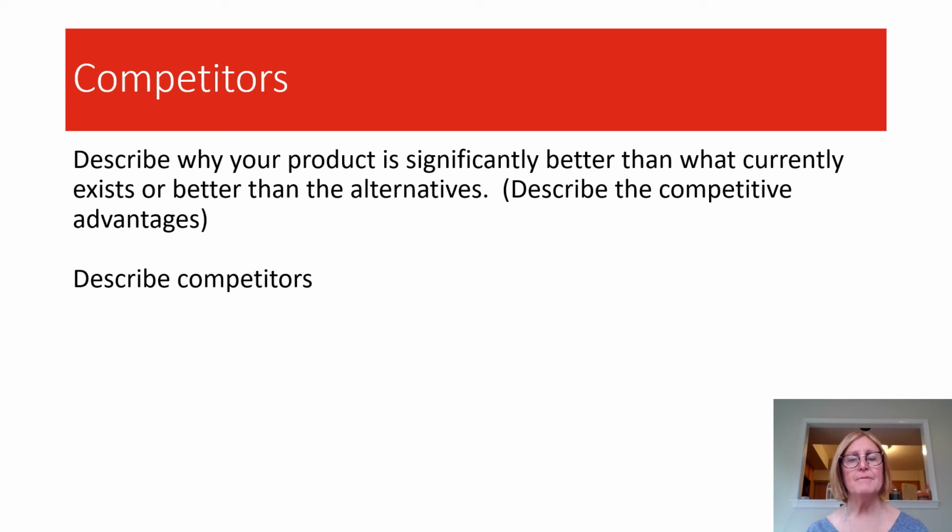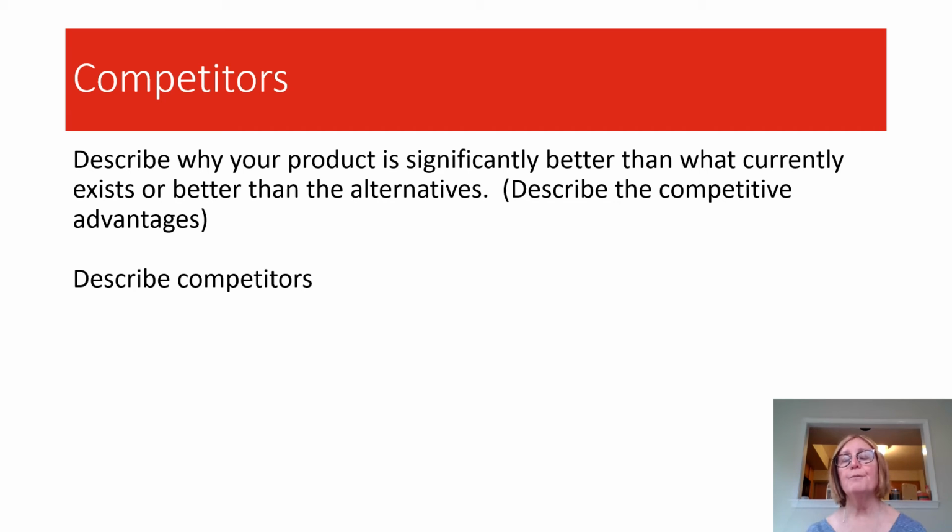After you've described the market size and how much of that market you think you can capture, you want to describe your competitive position in relationship to the other competitors that are out there. So the two key points that you want to make in this section of the presentation are to describe why your product or service is significantly better than what currently exists or better than the alternatives.